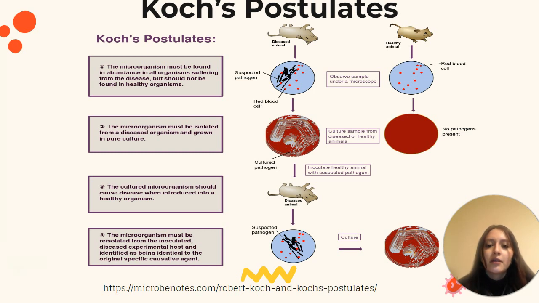So he inoculated mice with the Bacillus anthracis taken from a diseased farm animal that died from anthrax, and he eventually began to isolate and grow Bacillus anthracis in pure culture, injecting these bacteria into mice. This led to the development of Koch's postulates, which again was important because it helped identify the causal relationship between specific microorganisms and disease.